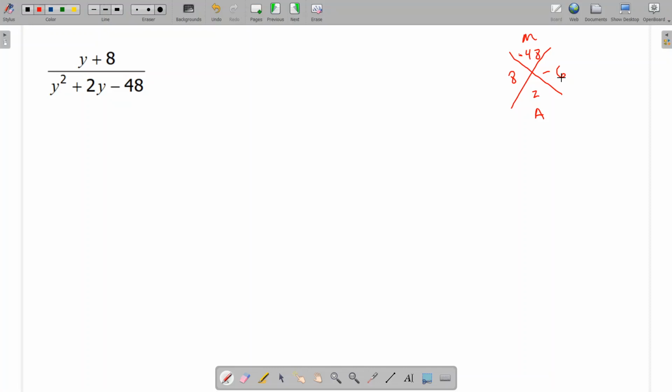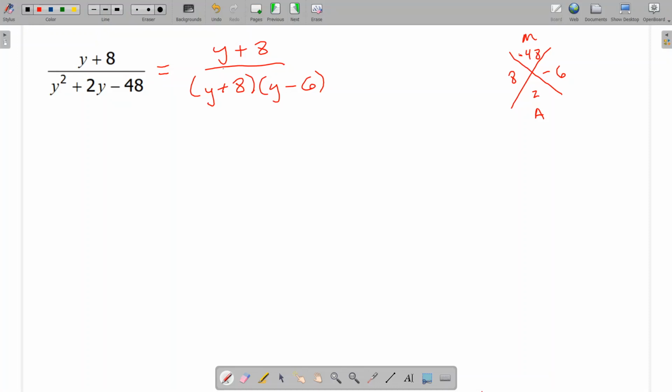So I'm going to go ahead and factor my denominator using these numbers. My numerator, remember, has not changed. It's still just y plus 8. But my denominator now has factored into y plus 8 times y minus 6. Now I'm sure you notice that we have a y plus 8 in the numerator and in the denominator.